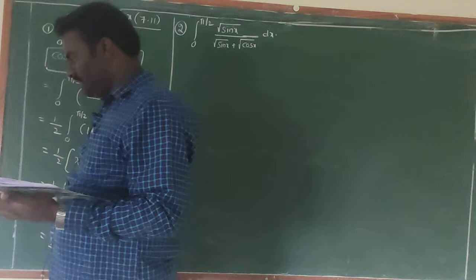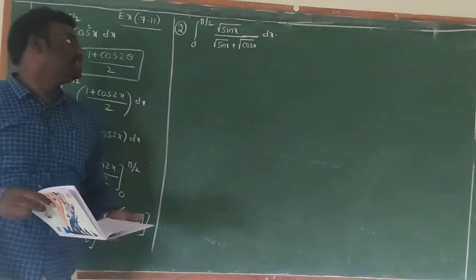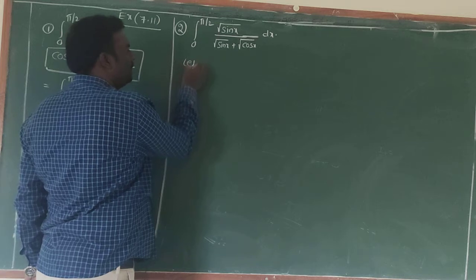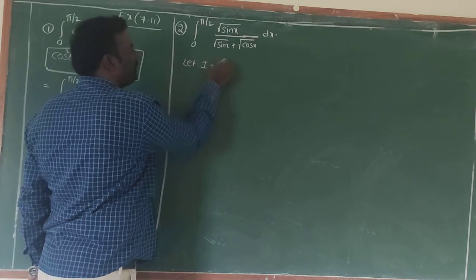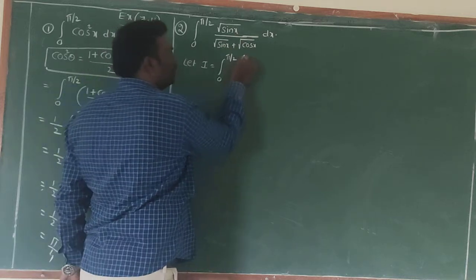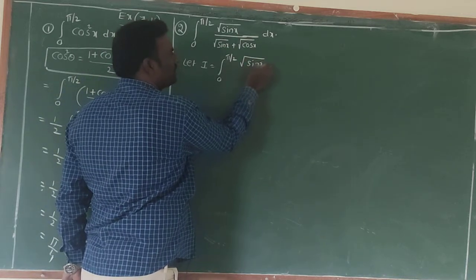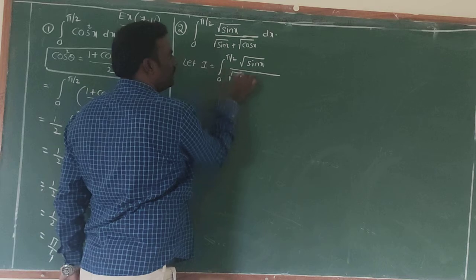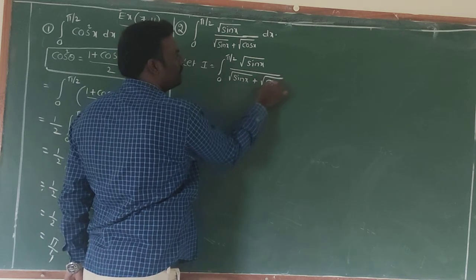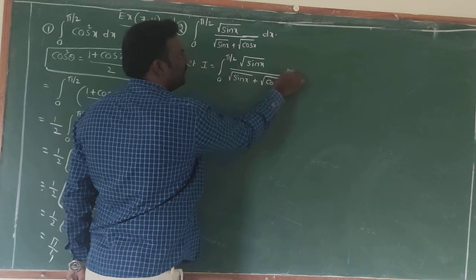How to find the value of this? Simple. First, the given integration is I, the integral from 0 to pi by 2 of root sin x by root sin x plus root cos x dx.